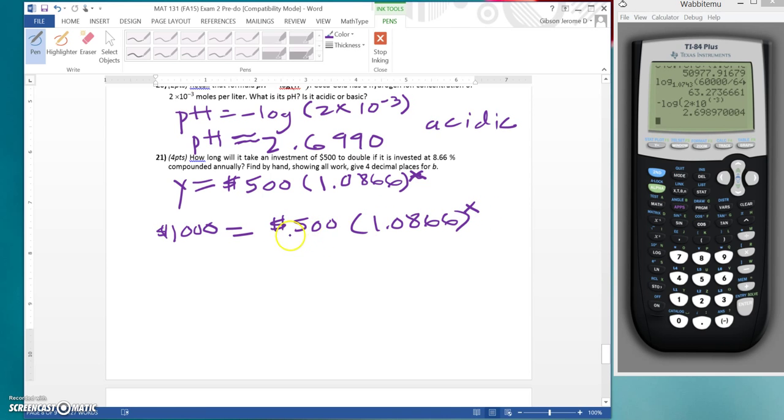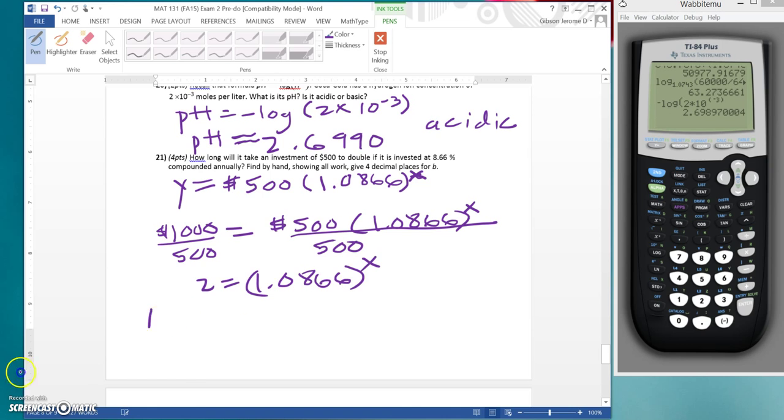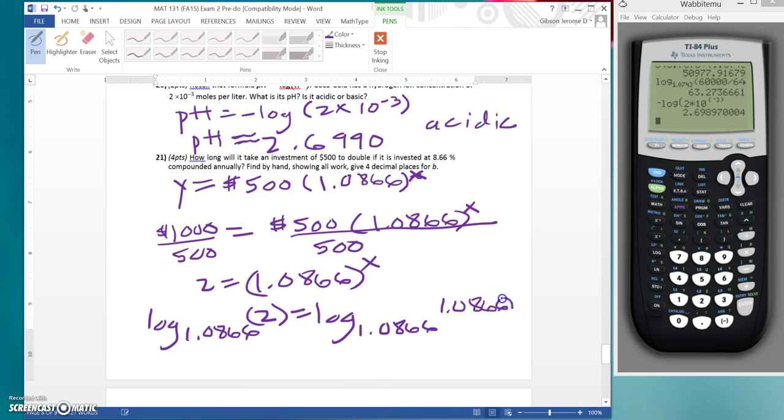So what we would do is divide each side by 500. That would give us 2 is equal to 1.0866 taken to the x power. So now we will have log base 1.0866 of 2 is equal to log base 1.0866 of 1.0866 all to the x power.